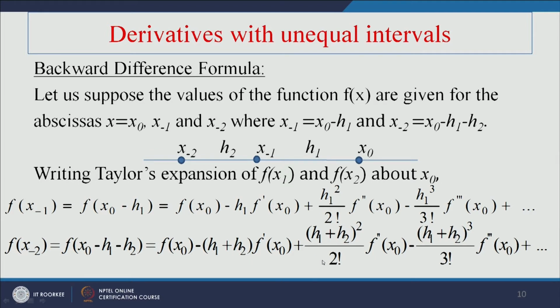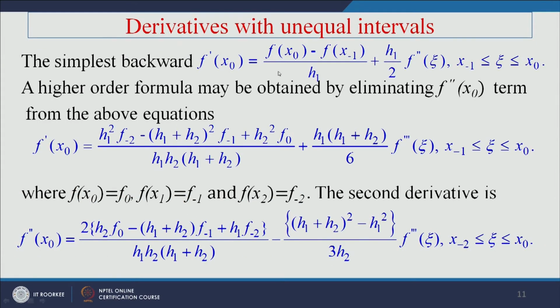If we multiply and subtract, we obtain the formula for f dash of x0 in terms of higher powers of h, and the remainder term comes in higher derivative powers of f.